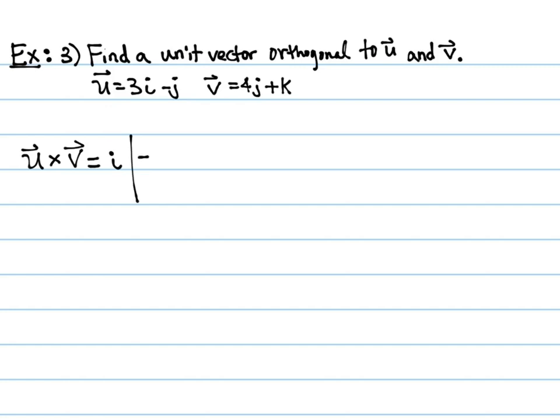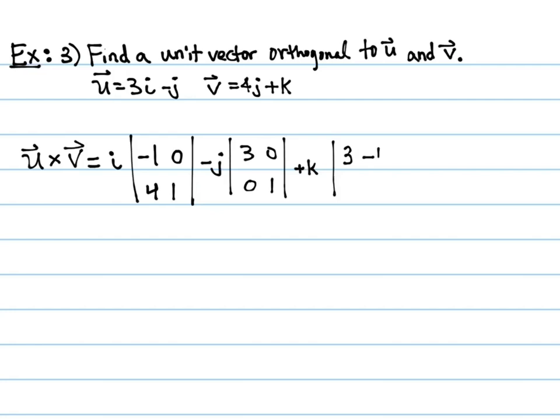So this would be the determinant -1, 0, 4, 1, minus j, which is 3, 0, 0, 1, plus k, which is 3, -1, 0, 4.